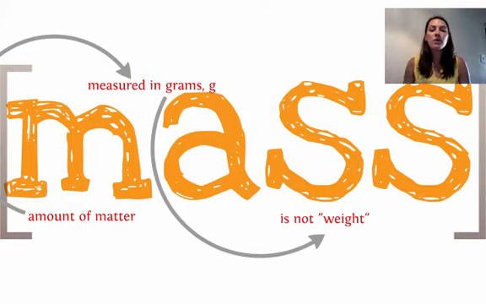Okay, so weight has to do with gravity, whereas mass has to do with how much stuff is there, the amount of stuff, okay? I'm the same amount of person here and on the moon. We measure mass in a unit called grams, and we use a lowercase g to represent that. Okay, so that's mass.